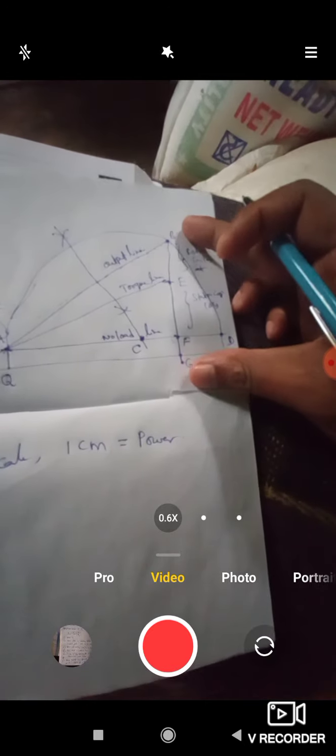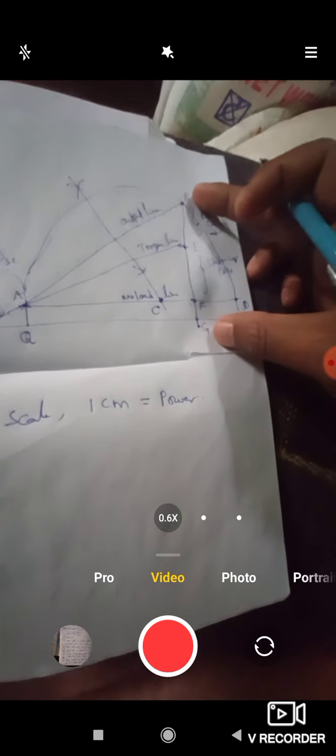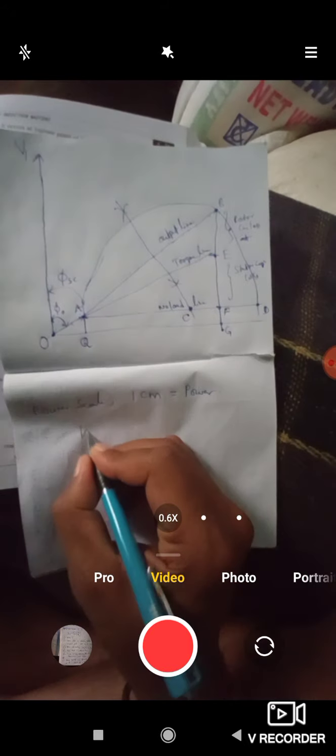Here total BG is the total loss under blocked rotor condition at normal voltage. That means WSN is equal to BG. How to find WSN? WSN is equal to WSC into (V1 by VSC) whole square.